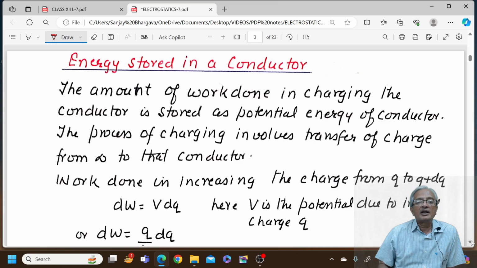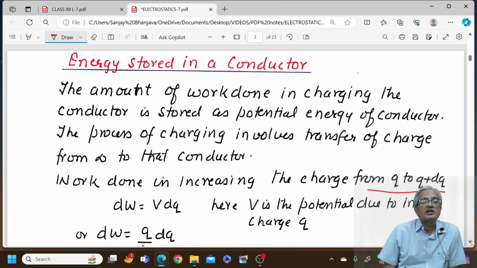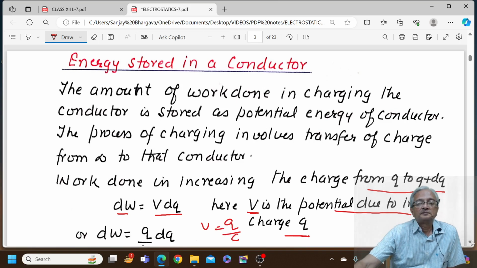Now, work done in bringing the first charge Q would be 0. And what would be the work done in increasing the charge from Q to Q plus dQ? This work done would be equal to V times dQ. What is V? The potential produced by the initial charge Q, and then V can be written as Q upon C.